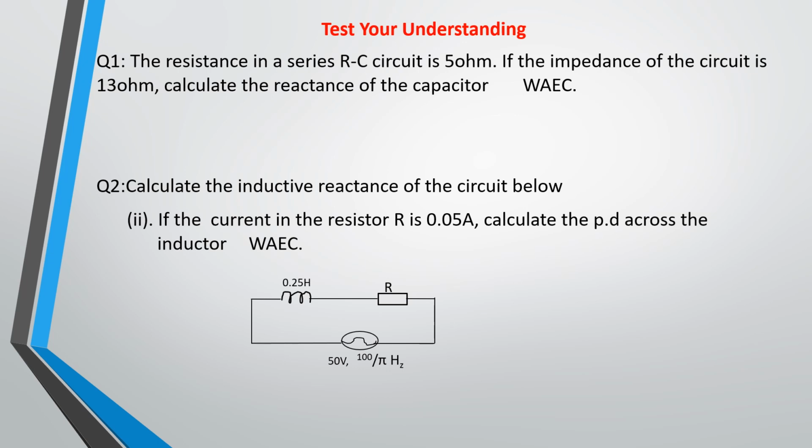Alright, so you should know inductive reactance; we just solved a problem there, so you can solve for the inductive reactance. Already you have the inductance of the inductor there, so from there you can get your inductive reactance. Let's say the current in this resistor is 0.5; don't forget that the same current is flowing through the inductor. So the PD across the resistor is the current times R. What is the inductive reactance? I think that should be easy for you to solve.